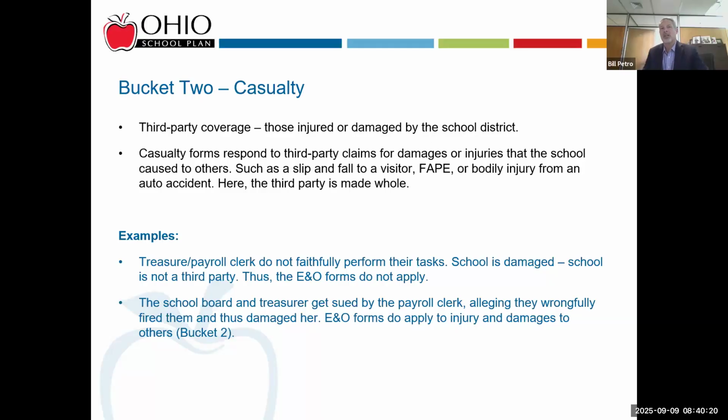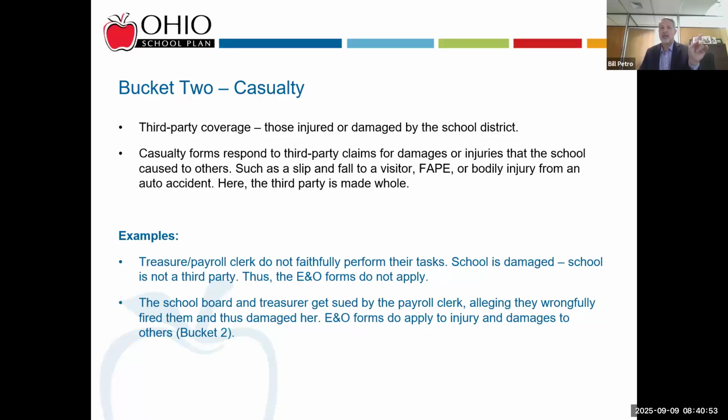So we get this question a lot. Why won't bucket 2 come into play here? If the treasurer messes up, why won't my errors and omissions coverage come into play? He or she made an error. Why won't it come into play? It's because there's a bond claim made and the treasurer makes a financial error.